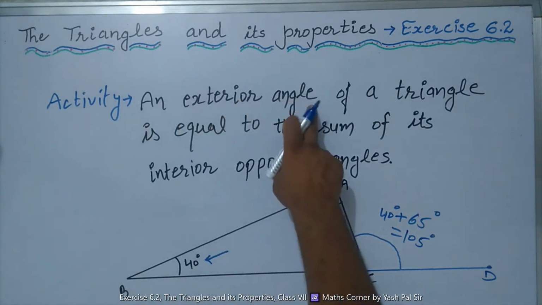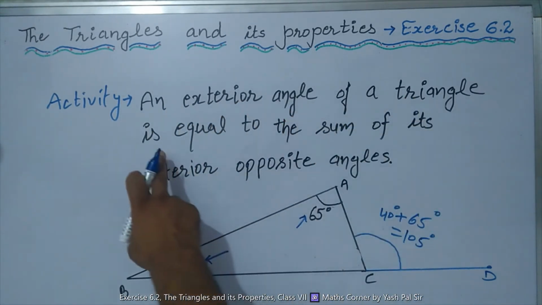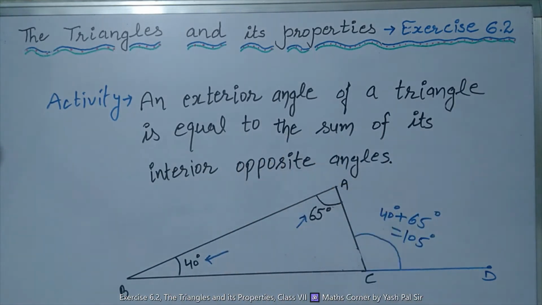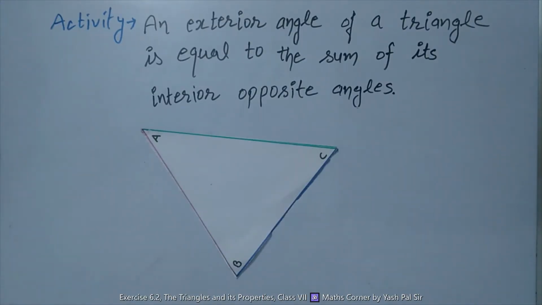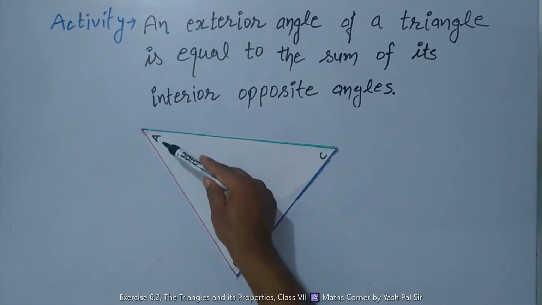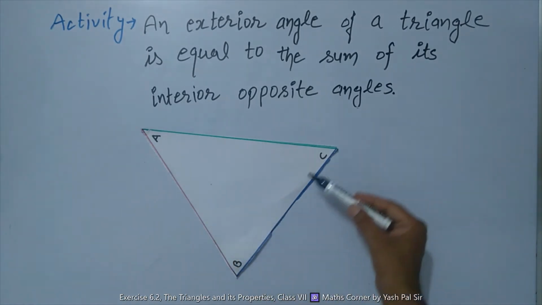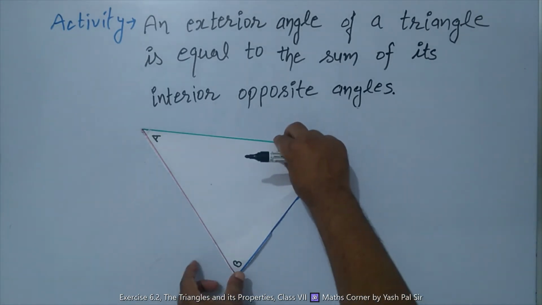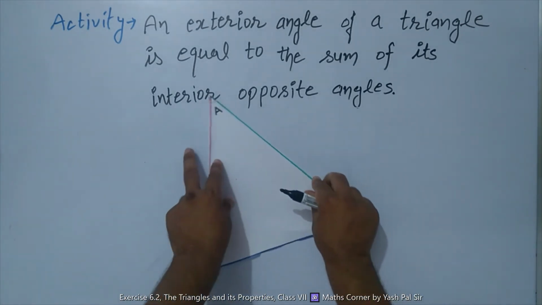An exterior angle of a triangle is equal to the sum of its interior opposite angles. In my activity, first of all, I have one triangle. The name of this triangle is ABC. One miracle I am going to do now. This triangle can move this way.